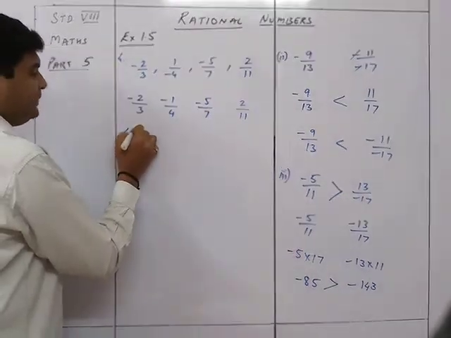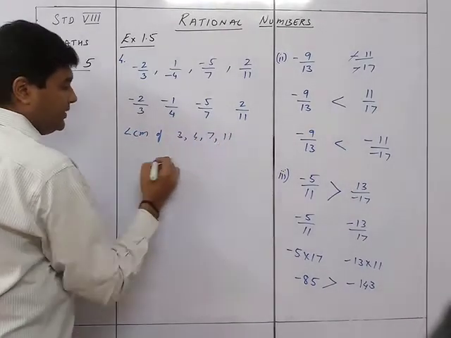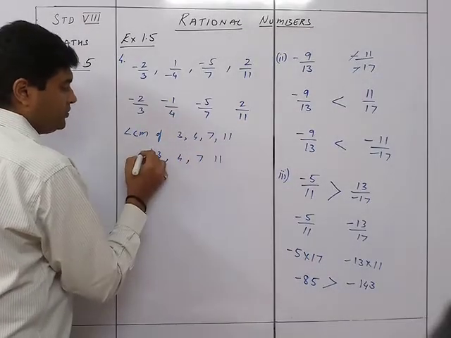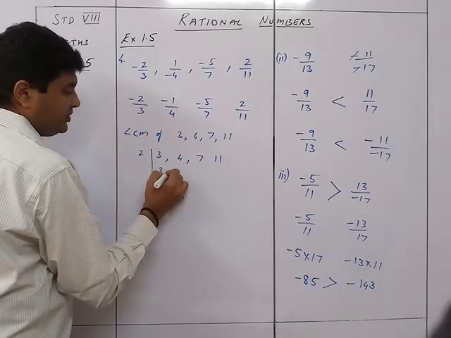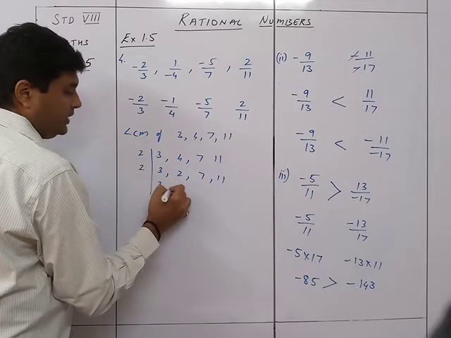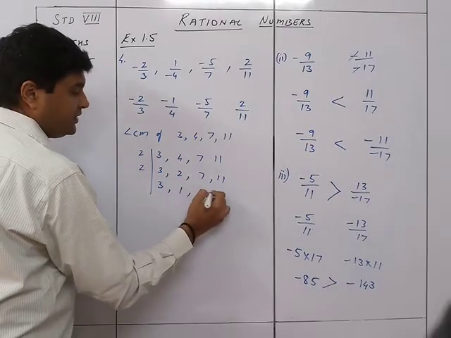So the LCM of 3, 4, 7, 11. Try with 2 first, so it will be 3, 2, 7, 11. 2 again, so it will be 3, 1, 7, 11.